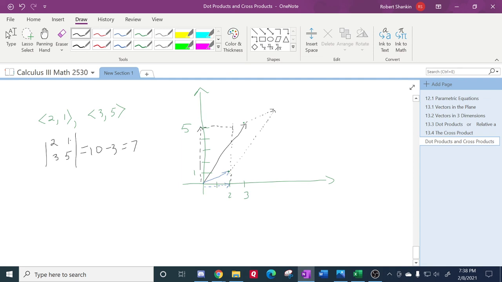Now, let's look at this one. 3, 1. Now, when you take this, the area is bigger than the area of that parallelogram. You take the 3 and the 1, and you multiply those together. Let's do those in red. The 3 is the x-coordinate of this point up here.